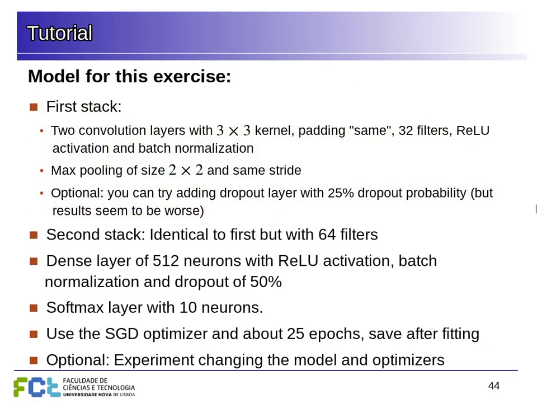Okay, so now you build your network. I propose doing something like this. So start with two convolutional layers with 32 filters each and rectified linear unit activation with batch normalization. Then do a pooling and then add another of these stacks but with 64 filters. Then do pooling again.